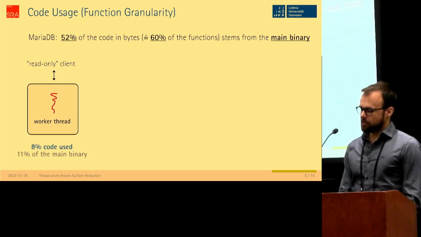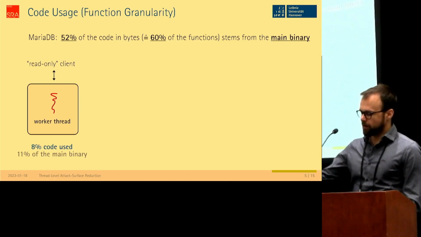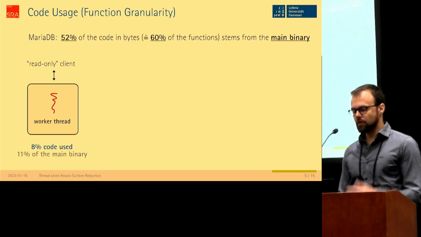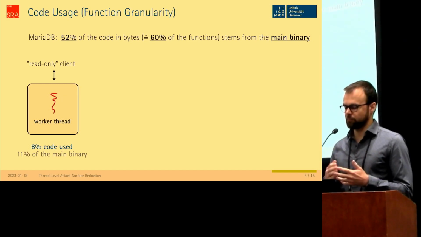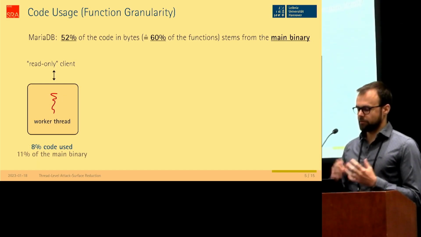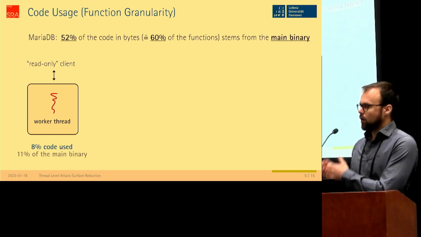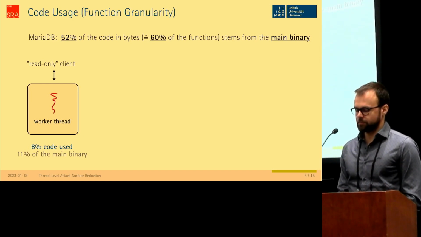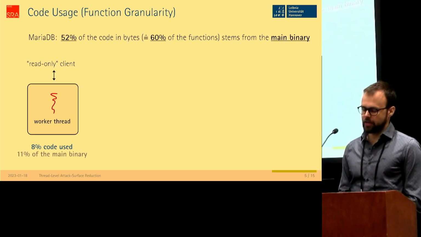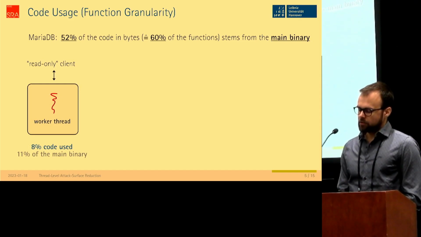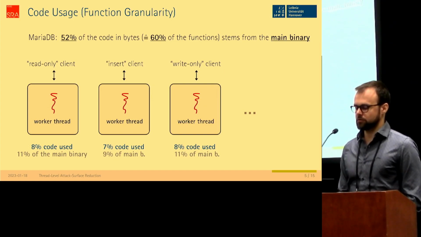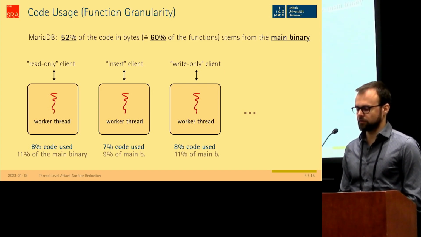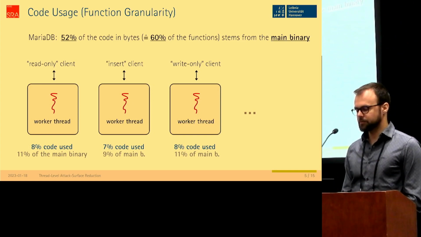MariaDB has a classical thread setup with one thread per client connection. And if we look at a single client that only reads from the database, we see that the corresponding thread serving this client only uses 8% of the code, and only 11% of the main binary's code is actually needed. So the numbers are similar for different workloads, like an insert client, or a client that only writes to tables.